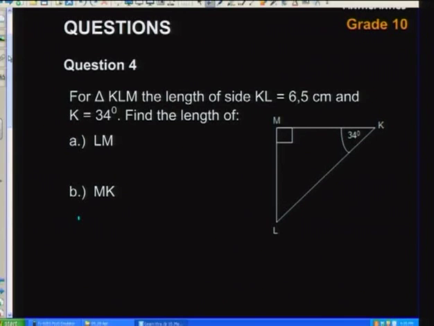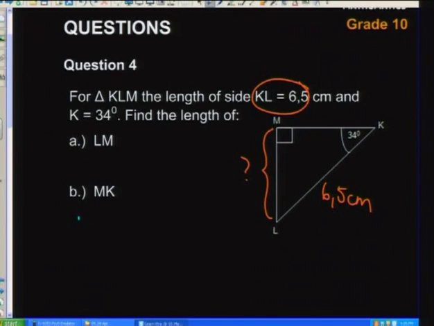Triangle KLM has a length of side KL as 6.5 centimeters, and we've got angle K as 34 degrees as given. And we need to find the length of LM.